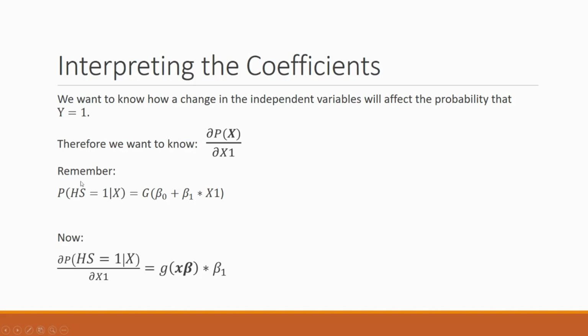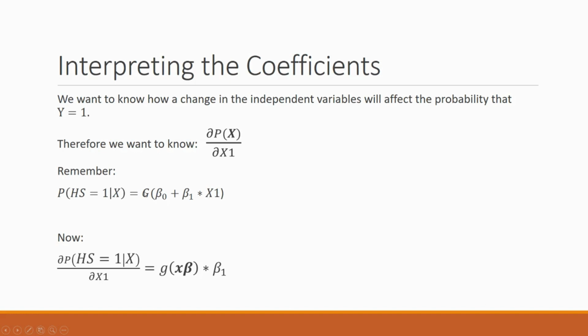Okay, well, when we use the probit and the logit models, what we're assuming is that the probability that the dependent variable will equal 1 is now equal to some nonlinear function of our linear regression model.